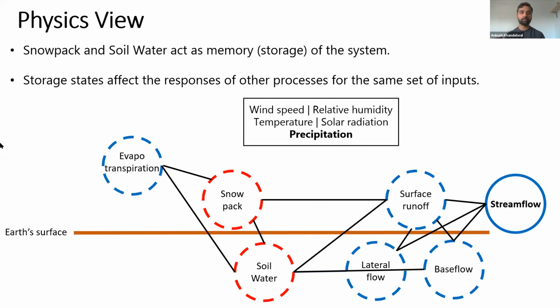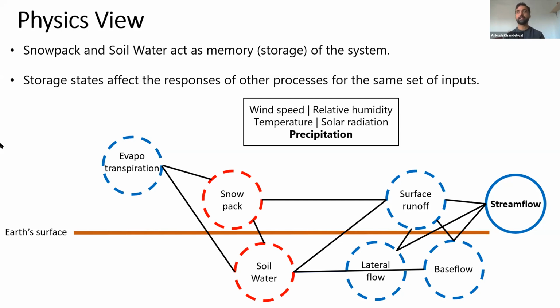That water could be stored in the soil as soil water or soil moisture, or it could be stored as snow. The amount of this water has a big impact on how these different processes respond to our inputs. For example, for the same amount of rainfall, we can have very different surface runoff depending on how much water is already present in the soil.